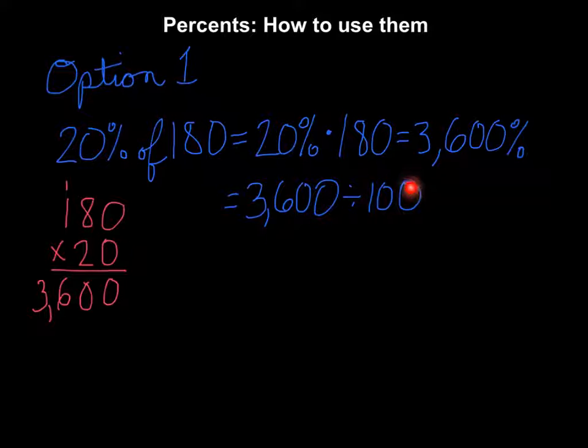Now, if we remember our shortcut for dividing by 100, this means I just got to move the decimal on 3,600 2 times, and since I'm dividing, it's going to get smaller. So my decimal would be right here. Move it once, move it twice. If I put the new decimal right there, that would make my answer 36. And that's option 1.